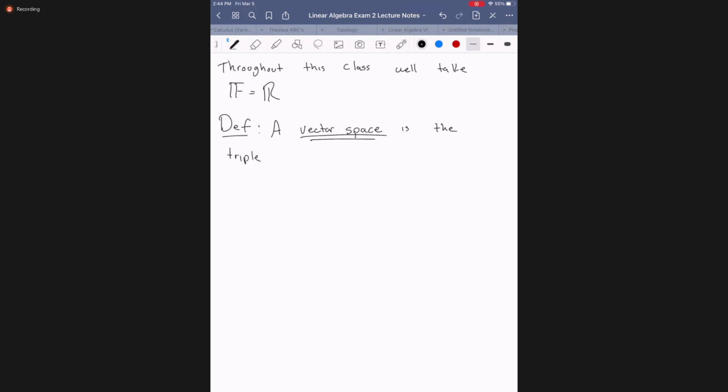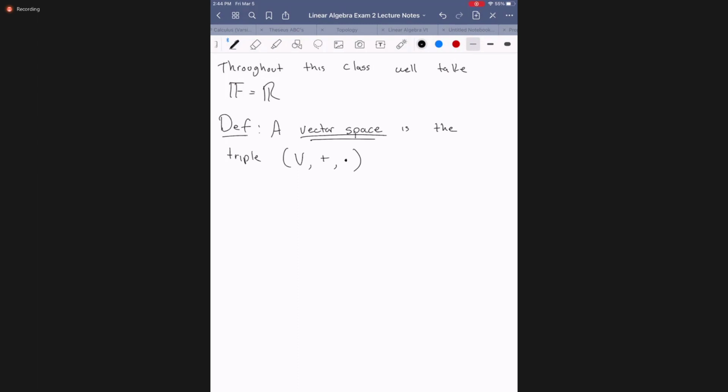In order to have a vector space, you need these three pieces of data. You need a set V, you need an addition, however you define this addition, and you need a multiplication. You can think of it in computer science terms: you need these three inputs to get a vector space out. You need a set, an addition on the set, and a multiplication on the set.